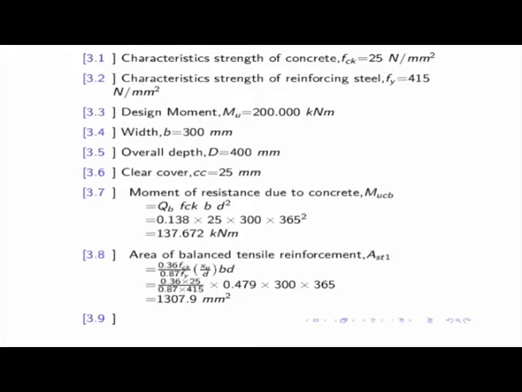That additional bending moment is to be negotiated by adding tensile reinforcement and adding compressive reinforcement.